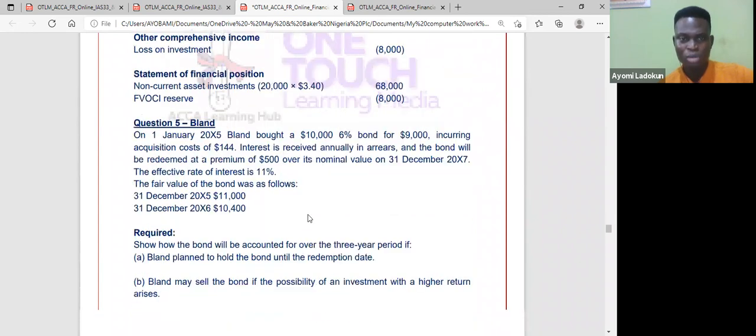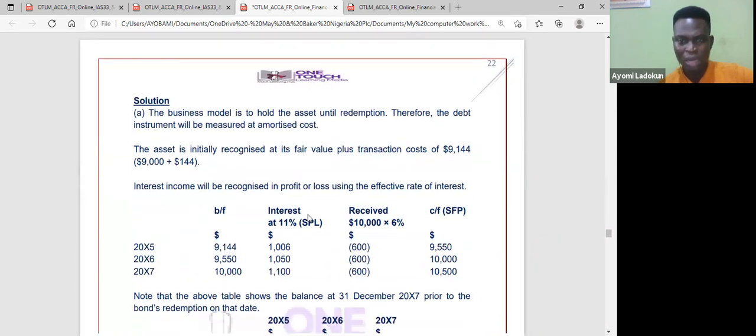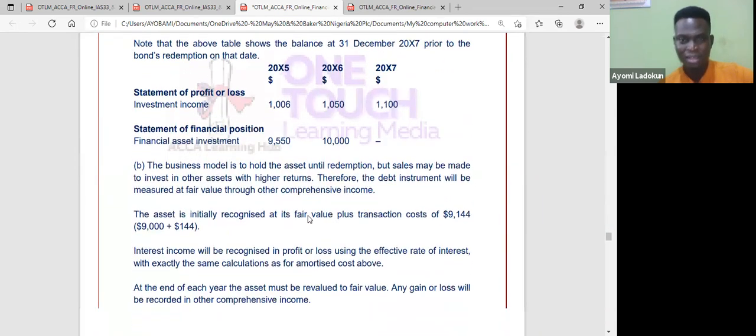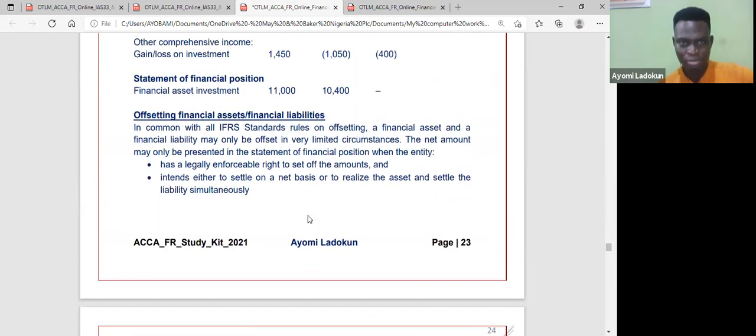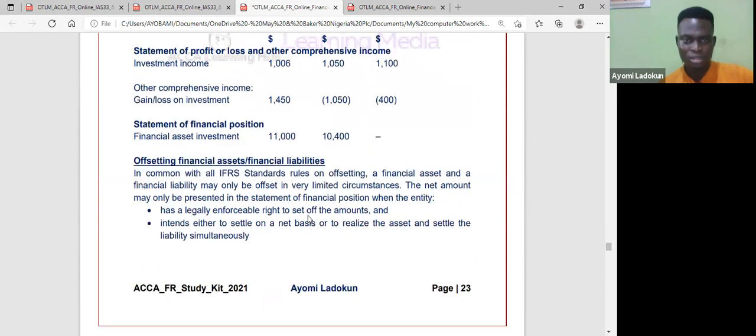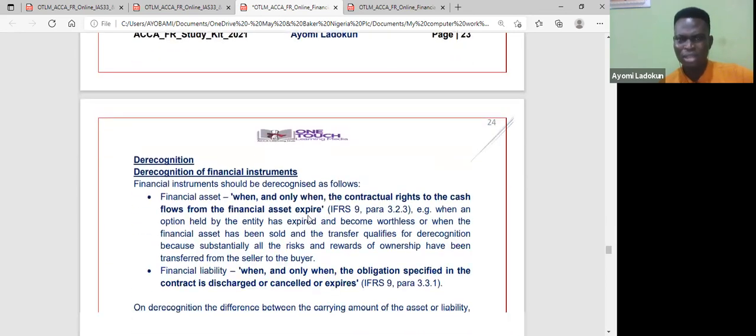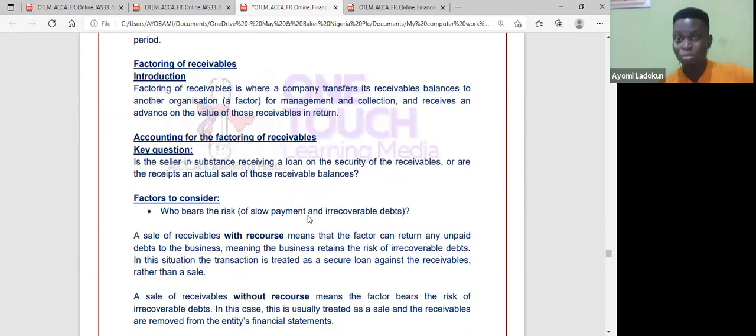Okay, so you can take a look at some other questions that are there. You just apply the same principle, okay? I don't think the examiner can bring you more than that. The other aspect is factoring of receivables. I'm not sure they can ask you about factoring.